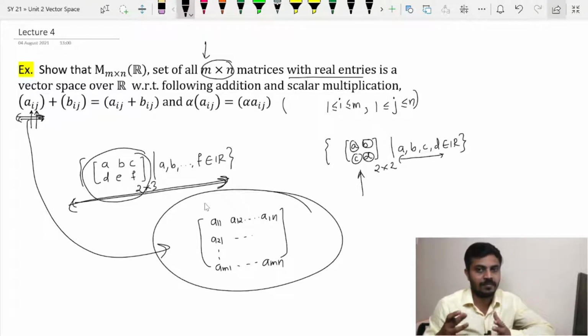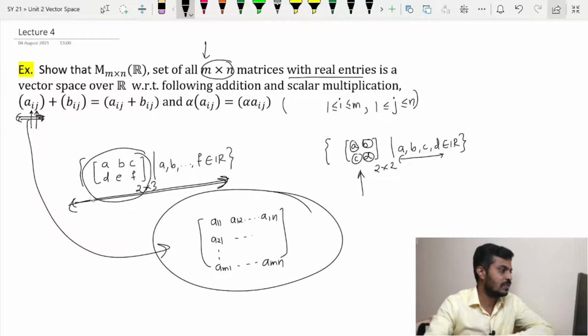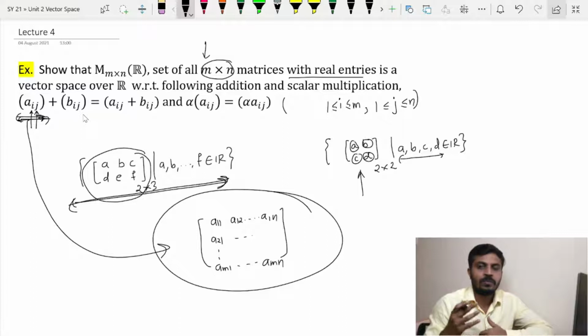Writing this is just a tedious job, so this notation has been used. Now in order to prove that this set is a vector space, we will need addition and scalar multiplication, which is already given to us in the question. If it is not given, then we need to define it. But it is already given, so it is well and good.